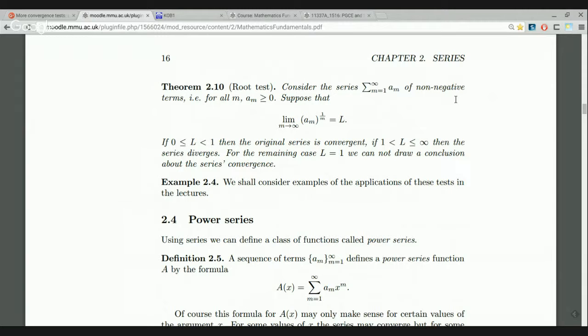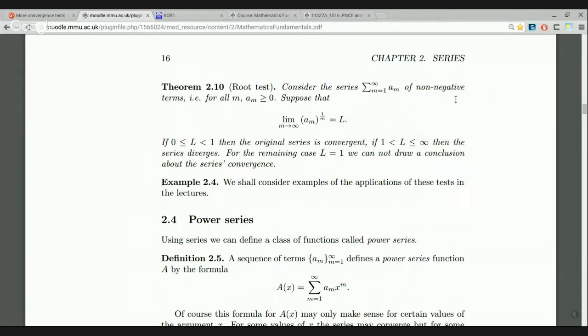Okay. Now, L to the power n, as n increases, those are the terms from a geometric series. You're adding up successive powers of a fixed quantity. Okay, that's a geometric series. So, if L is strictly less than 1, then the sum of L to the power n converges.